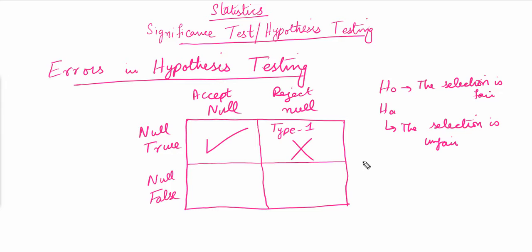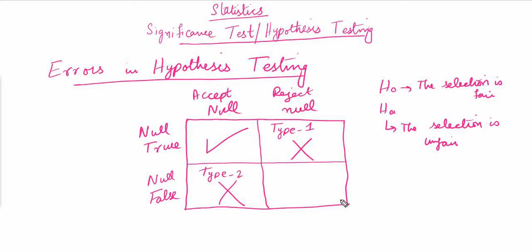So we could not reject the null hypothesis and we had accepted the null hypothesis. So in that case our decision is again wrong, because in actual the null hypothesis was false, but we have accepted the null hypothesis based on the percentage that we got as the answer. So this type of error is called type 2 error.